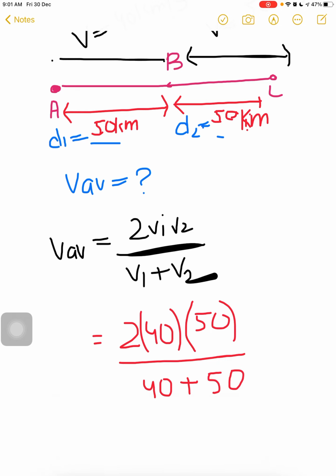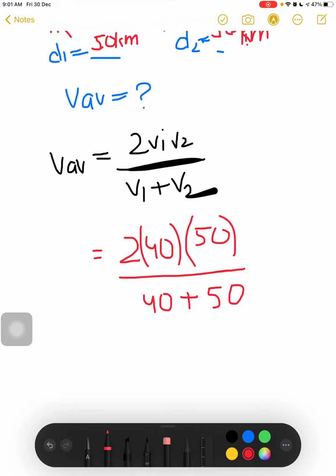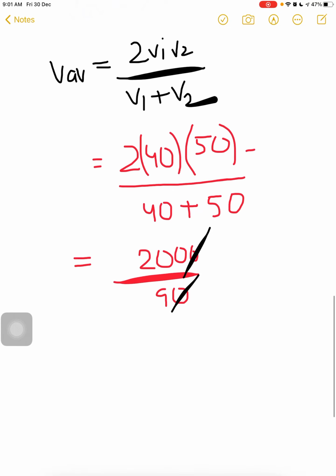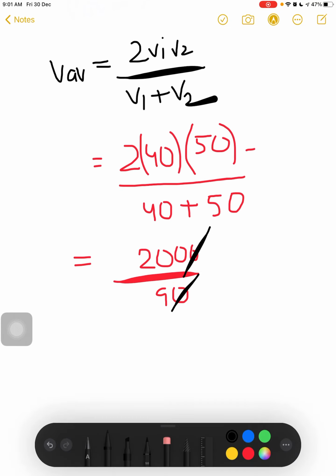Now let's do the calculation. We will find 2 times 40 times 50, which is 4000, upon 90, and the zero will cancel from zero. What will be left? 200 upon 9.